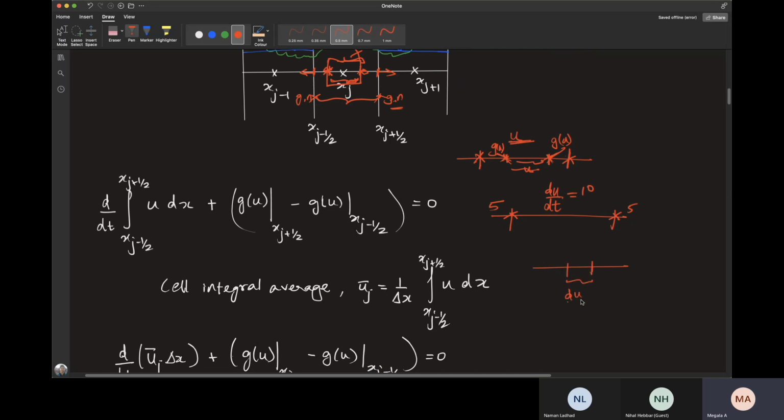Here du by dt may be bigger than this 10 or smaller than this 10. You're getting it, because here we may have some 15, and here we may have some 5 or 1. All of that cumulative is this u, and that rate of change is 10. In this smaller region, it may be either bigger than 10 or smaller than 10.